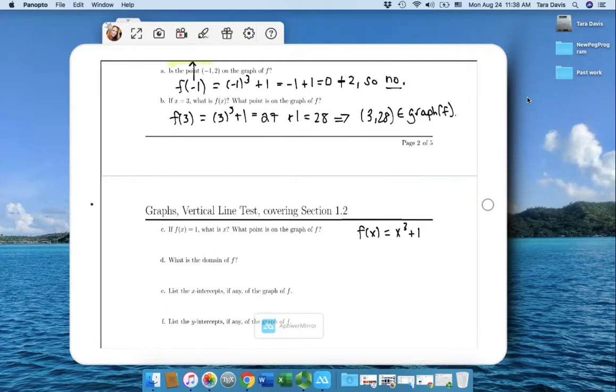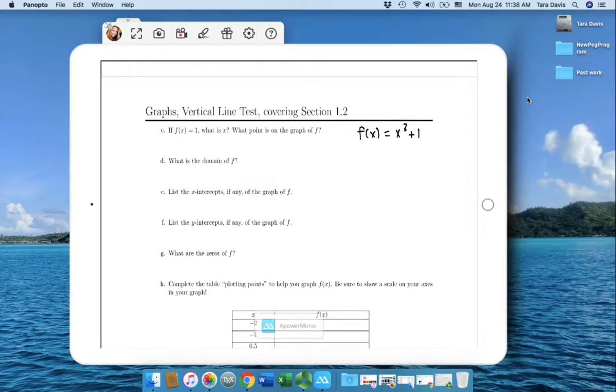Okay. So similar problem in part C, but a little different. Because in part C it says if f of x equals 1, what is x? What point is on the graph? So in part B, you are given x, but in part C, you're given y. So what that means is that 1 equals x cubed plus 1, and then we need to solve this for x.